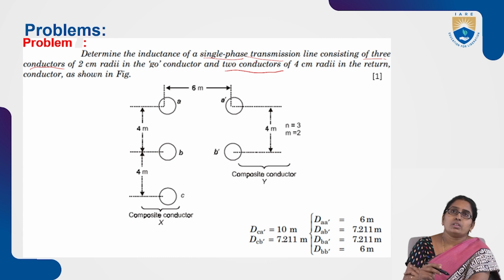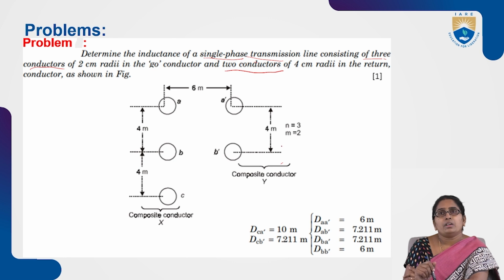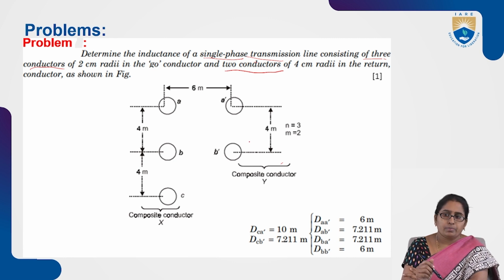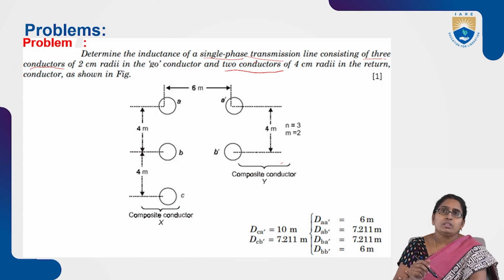They mention the first conductor as X and the second, return conductor, as Y, and this is how the distances are given. We know how to solve this problem like the previous problem, only there are 2 conductors in the return conductor, so we need to do it a little bit carefully.